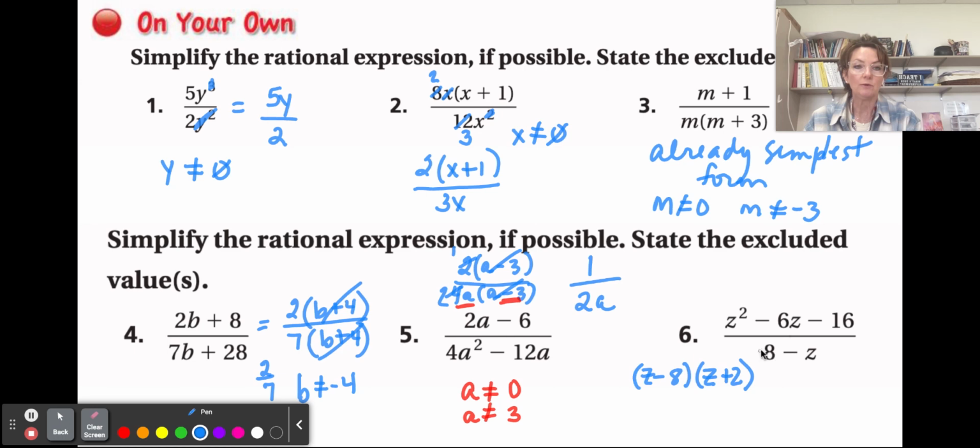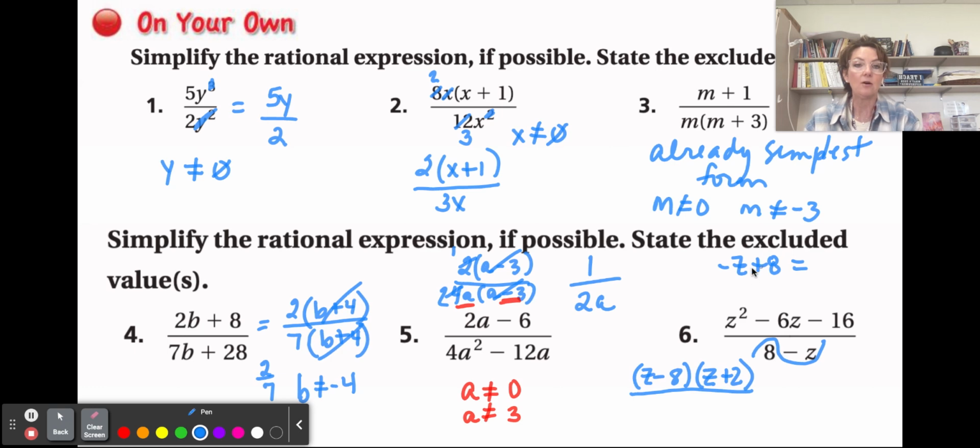Now I'm going to reverse these, right? Because I want to write this denominator. So I have this 8 minus z, but I could also write negative z plus 8. So I reversed these to put it in the standard form, variable first, but the variable is negative. So negative z and a positive 8.